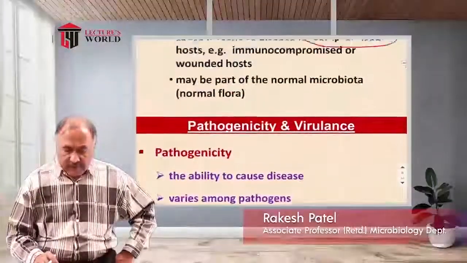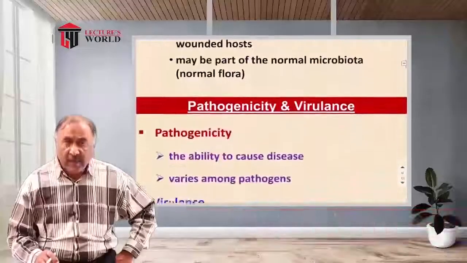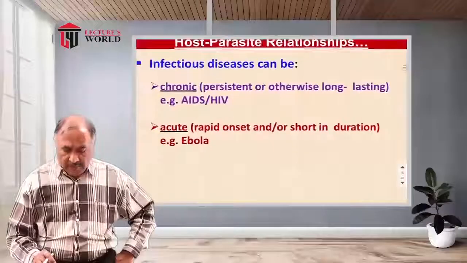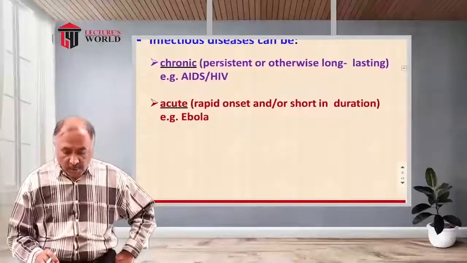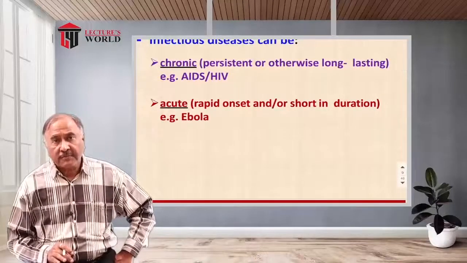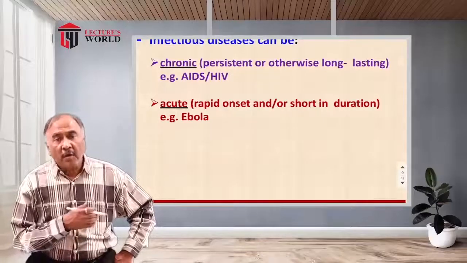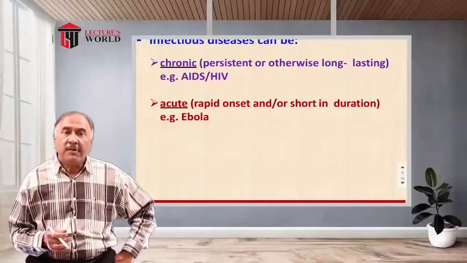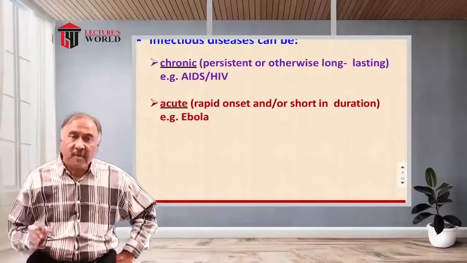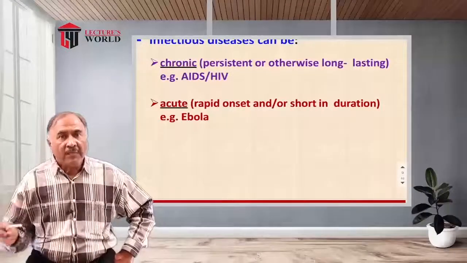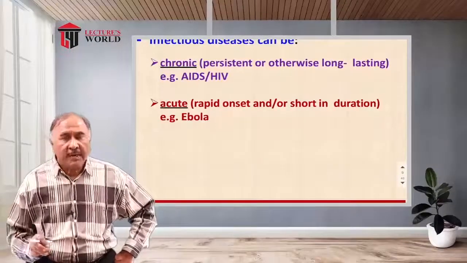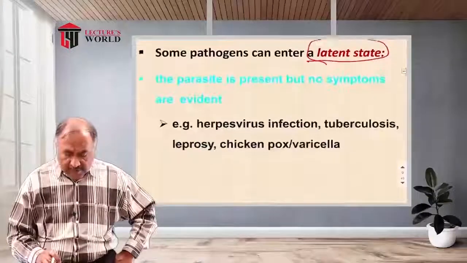We have also studied in detail primary and opportunistic pathogens. And what is the difference between chronic and acute infections? Chronic infections would take a long time to establish and would take a long time to be cured, while the acute infection onset is very fast as well as the recovery is also very fast.